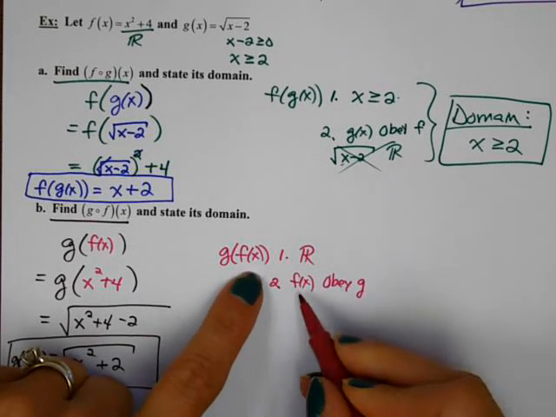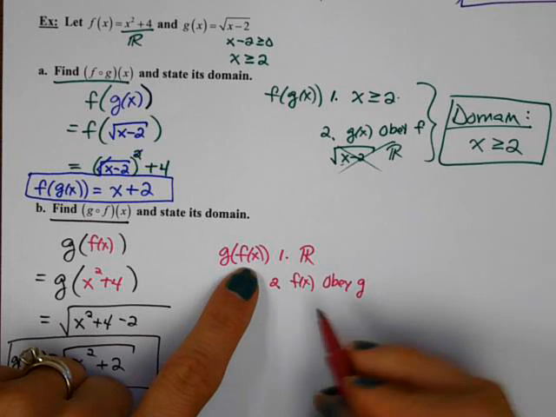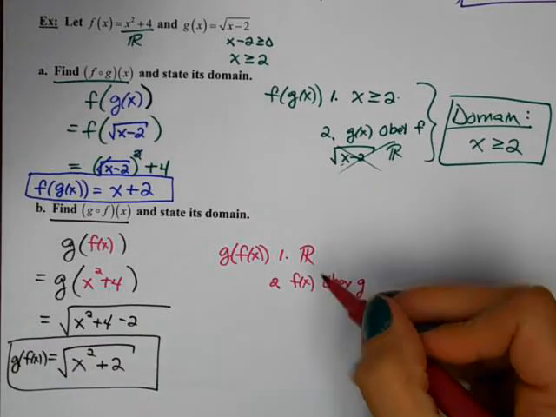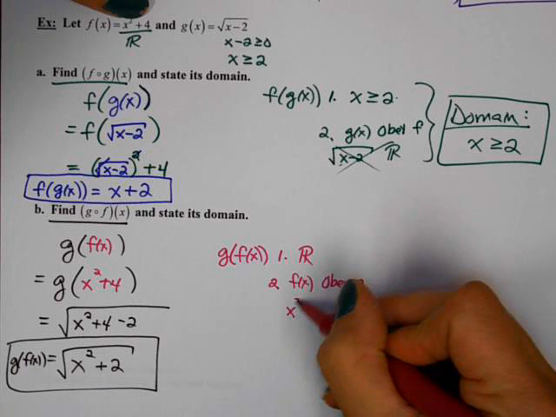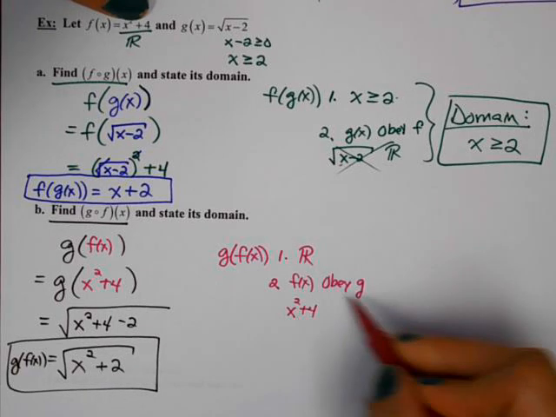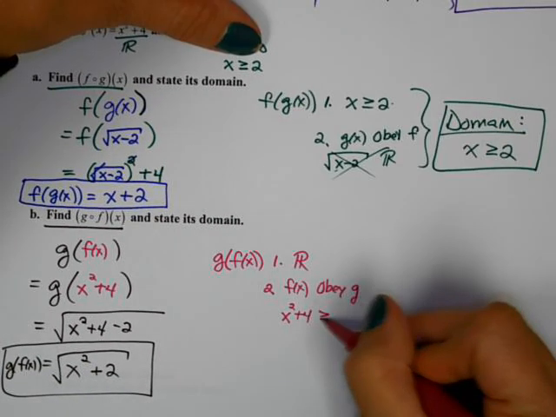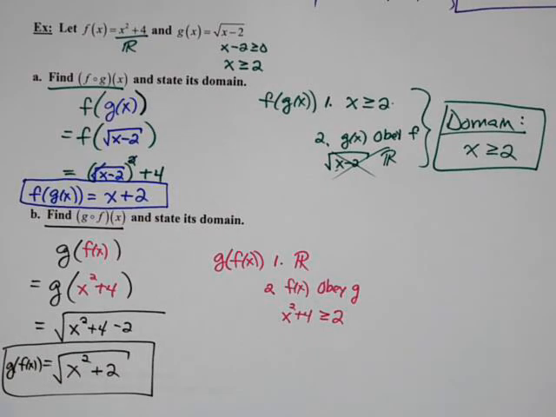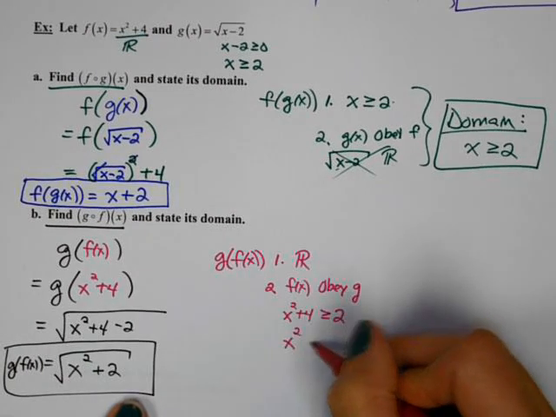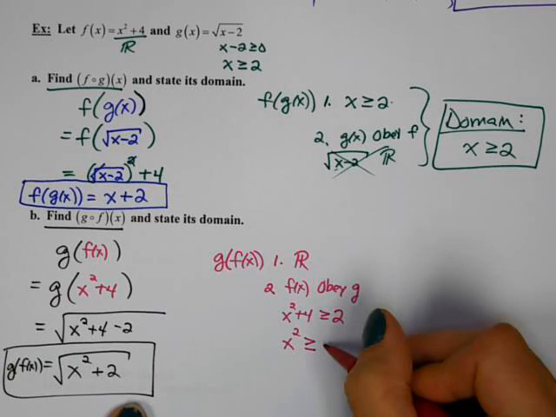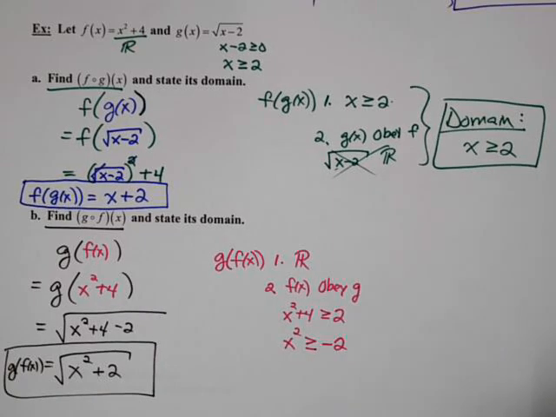You don't have to write this step anymore. We're just kind of getting used to what the rules are, so that's why I'm writing it in the notes. I'm going to write the f function must obey g. G says you have to be more than or equal to 2. Okay, so x squared plus 2 is greater than or equal to 0, so x squared is greater than or equal to negative 2.